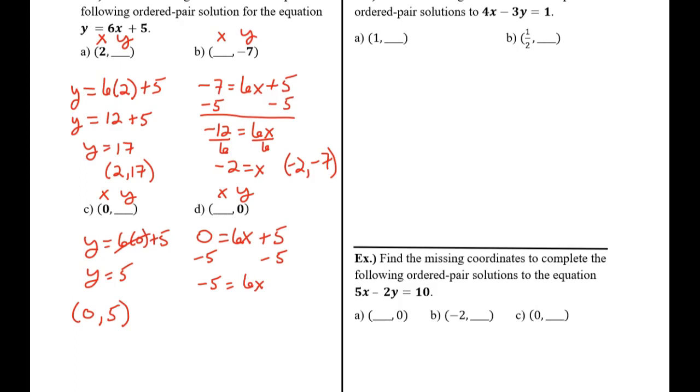And now I undo this multiplication with division. Yes, I ended up with a fraction here. It is possible to get fractions. If you do have one, just make sure that you simplify it down to lowest terms. In this case, 5/6 is in lowest terms, so the ordered pair ends up being -5/6 for my x, y was 0.